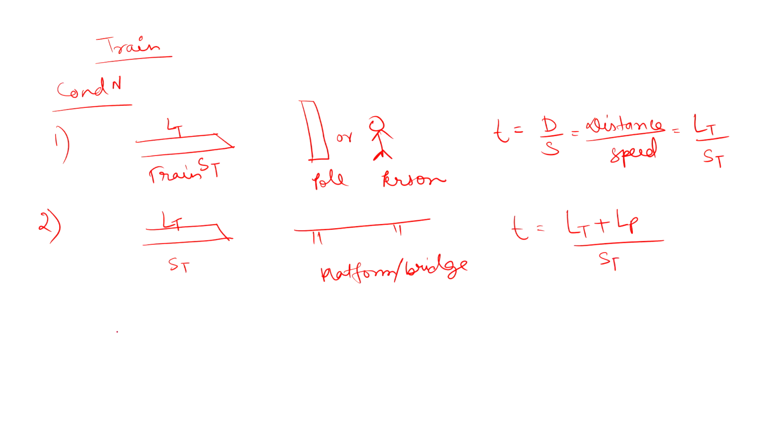Now coming to the third condition. If we have a train of length LT and speed ST, and a person who is moving towards it, then we consider the speed of the person. Their time is the length of the train divided by ST plus SP, where SP means the person's speed.